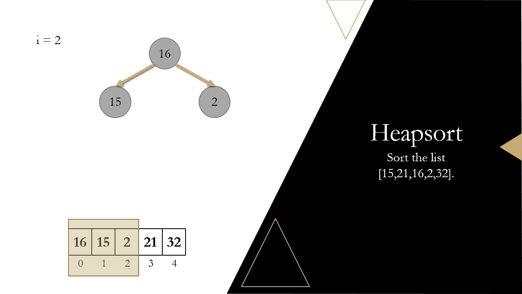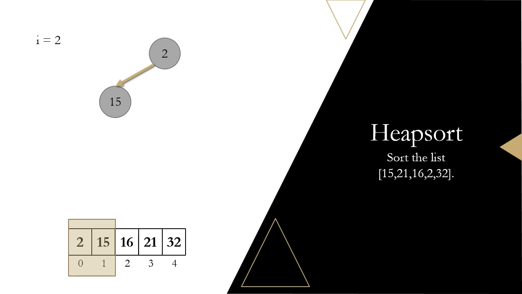Again, I am going to swap the first and the last element of the heap. I am going to delete the node containing 16 and replace it with 2. This happens. Again, the brown box has shrunk. The heap now exists from 0 to 1.